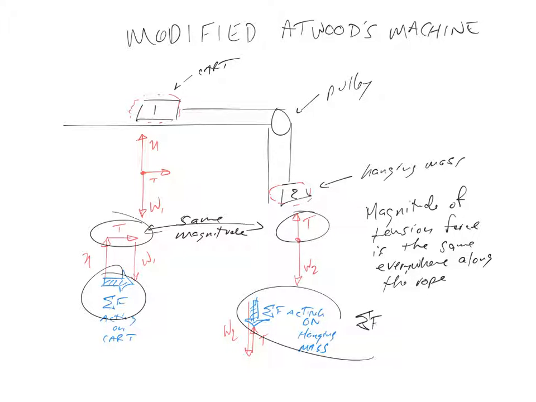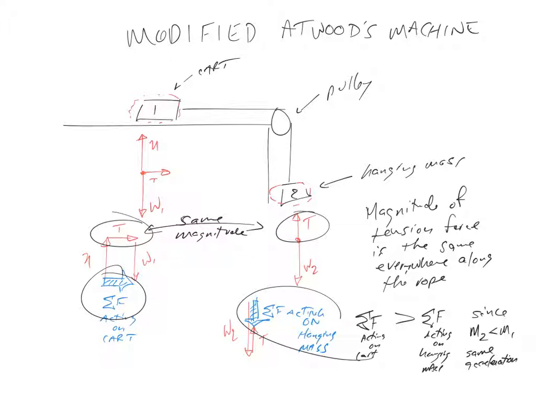So the sum of the forces acting on the cart should be a lot greater than the total force acting on the hanging mass, since the mass M2 should be far less than M1. And also since same acceleration, that's really why.